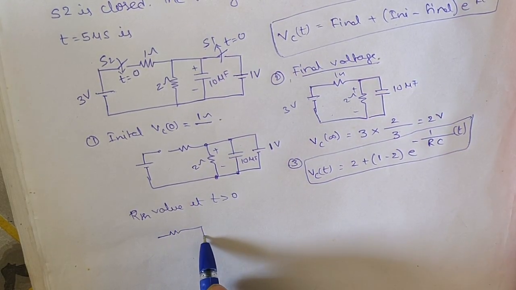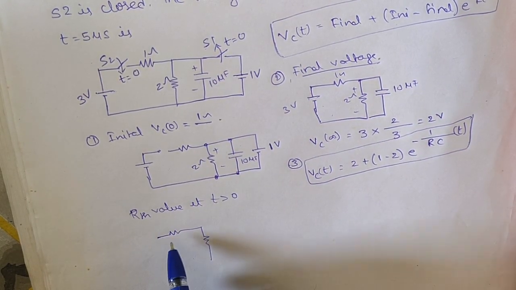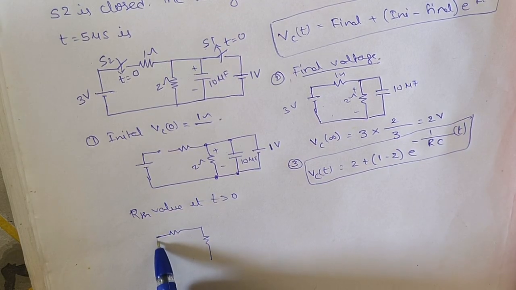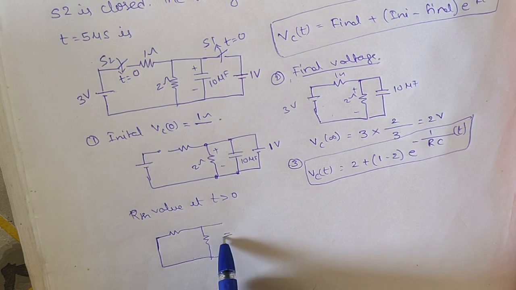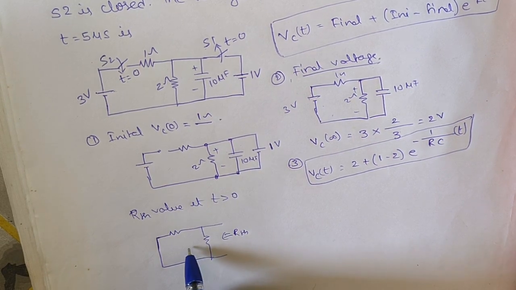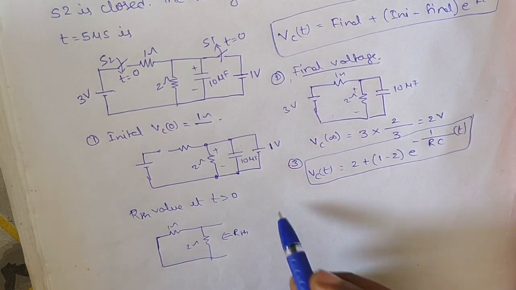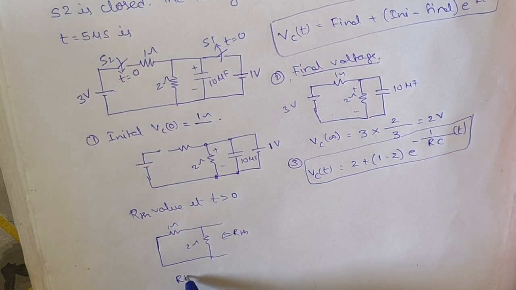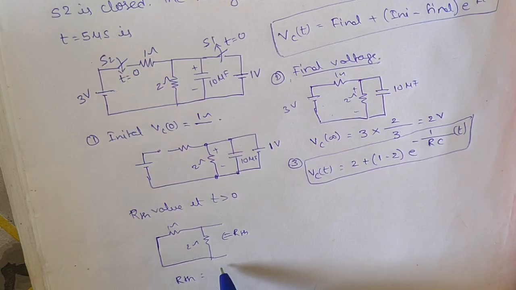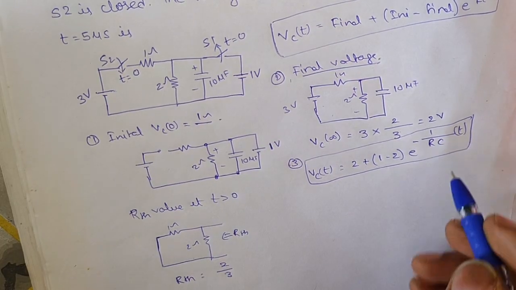So in this circuit, we will short circuit this voltage source and find RTH across this capacitor. So now from this the RTH value will be, these two are in parallel, so 2 by the sum of the resistances, 3. This is the RTH value.